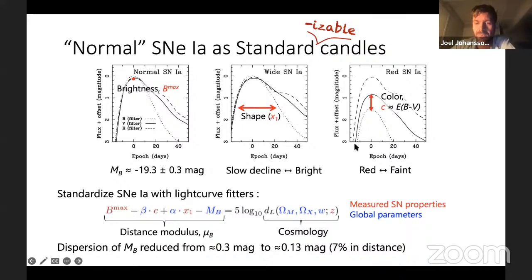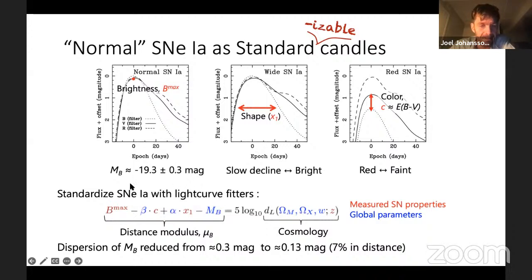And then the second component is to measure the color of the supernova. If you have different filters, some of them will be fainter in the blue or brighter in the red wavelengths and so on. So we can measure their color or their color excess.